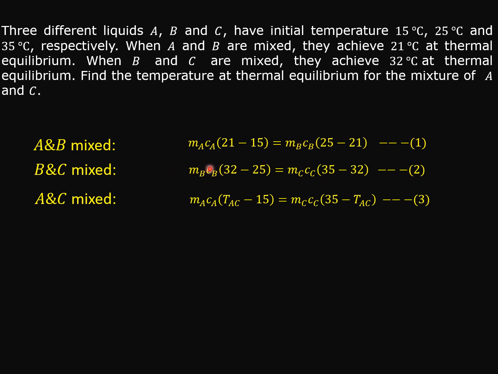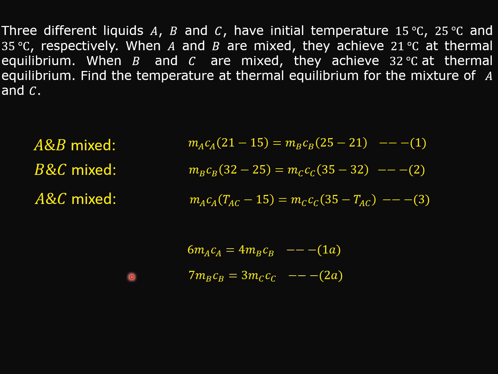Connected through MBCB, that means from there we can find the relationship between MACA and MCCC. Using the relationship that we find from equations 1 and 2, we substitute into equation number 3, then we will be able to find the value of the TAC.